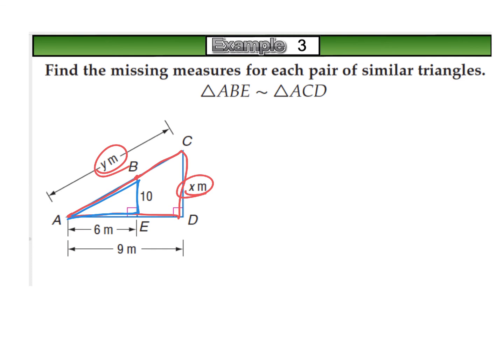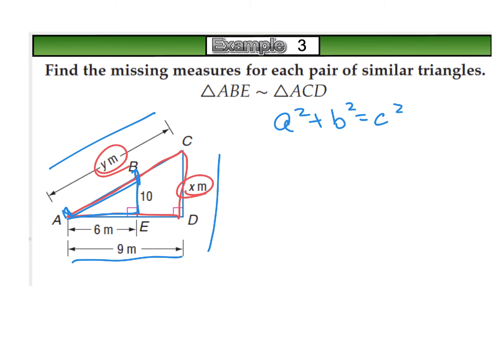I know this side, but I don't know this side and I don't know this side. So I've got to do some work. So let's first find out this side right here, A to B. We can figure that out using the Pythagorean theorem. A squared plus B squared equals C squared. So I've got 6 squared plus 10 squared equals C squared.